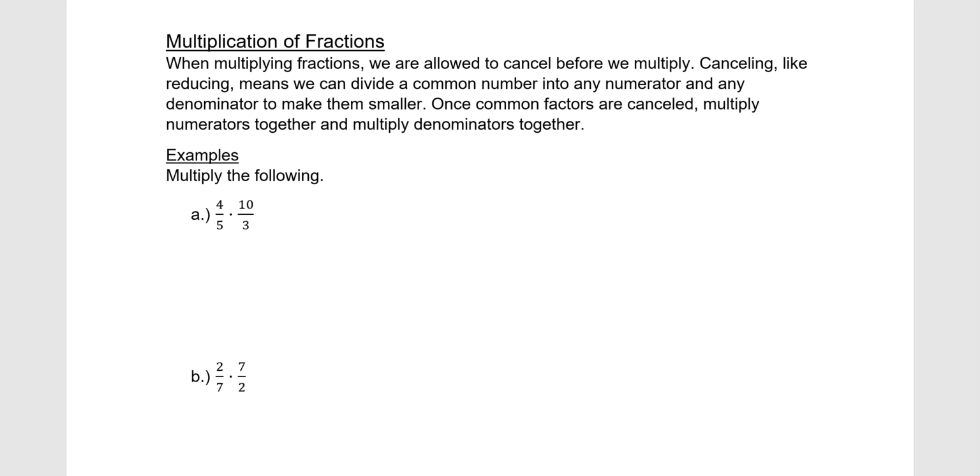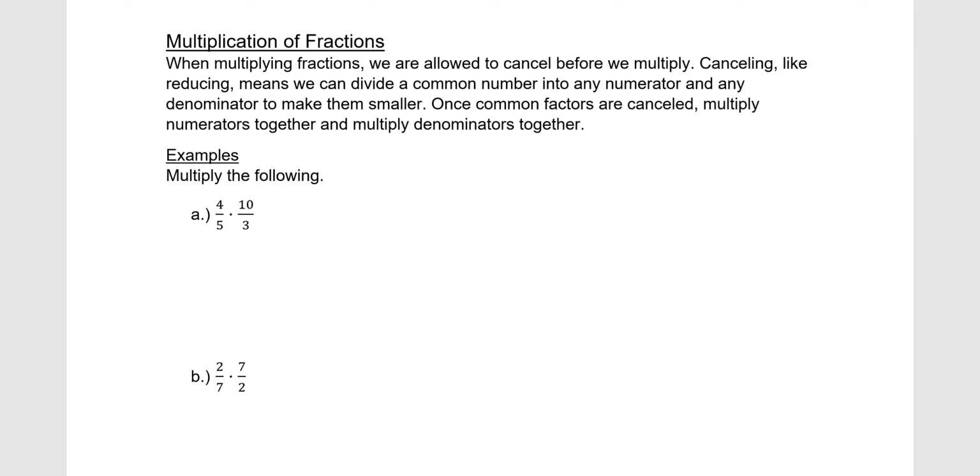Okay, next for multiplying fractions. So for multiplying fractions, the easiest way to do this is to cancel before we actually multiply. So we're going to be canceling, which is essentially similar to reducing. We can divide a common number into any numerator and any denominator to make them smaller before we multiply.